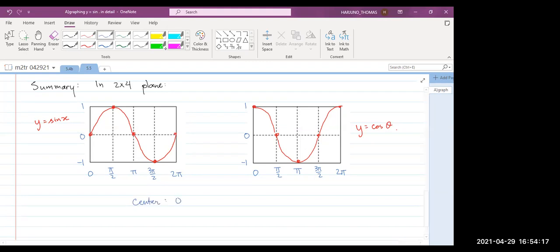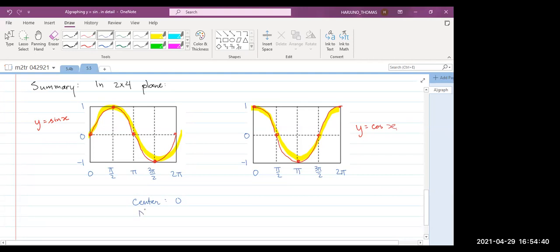In other words, the graph of sine and the graph of cosine will oscillate around 0. The graph of sine theta and cosine theta, sine x or cosine x, will oscillate around 0. That's why I say the center is 0.